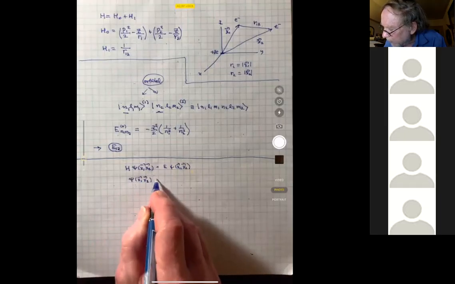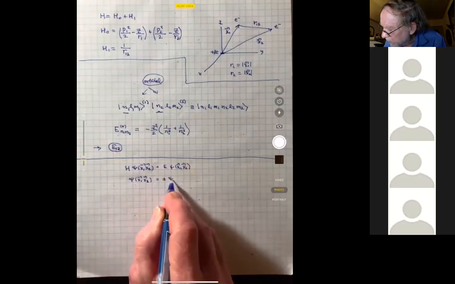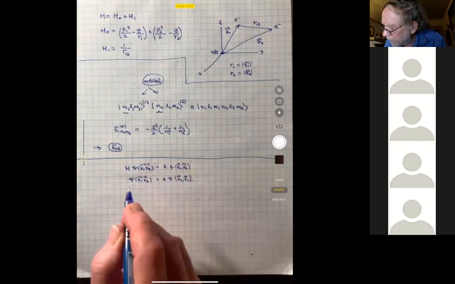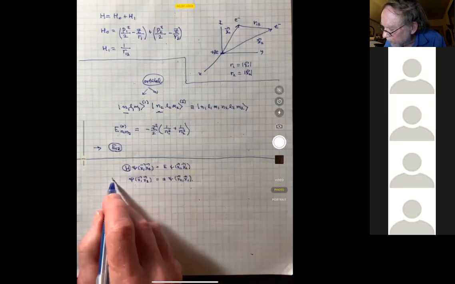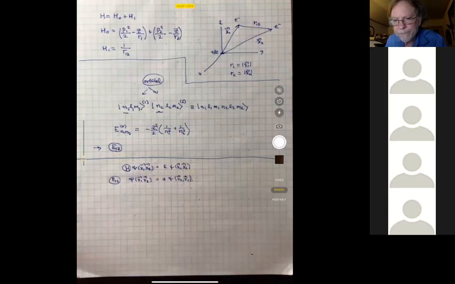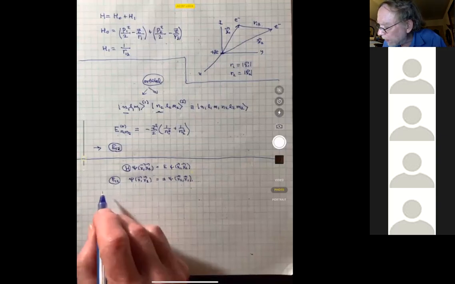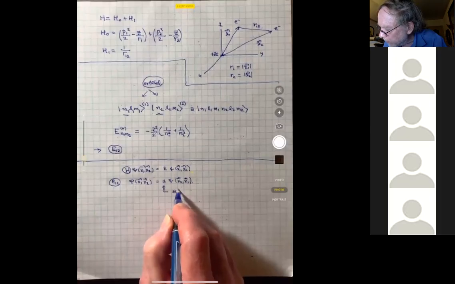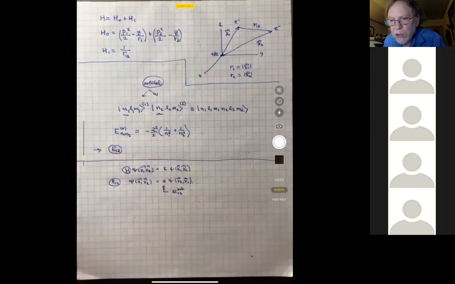So psi of x1, x2 is plus or minus psi of x2, x1. That's a way of saying that it should be an eigenfunction not only of the Hamiltonian, but also of the exchange operator E12. Anyway, once we found that, this plus or minus sign here is what I call lowercase e12 orbital. It's the exchange symmetry under orbital exchange.